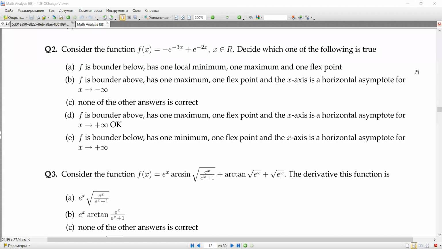Because you can see here, we have two almost same answers, D and E. Here maximum, here minimum. You need to check, is it maximum or minimum? Okay. How to check? If it moves from plus to minus, what will it be?